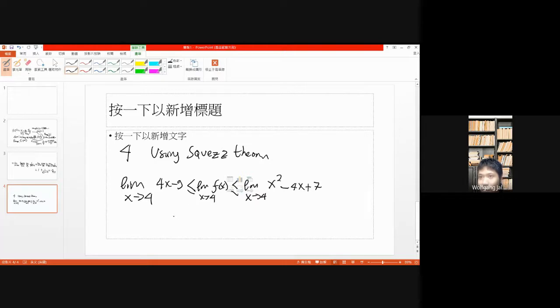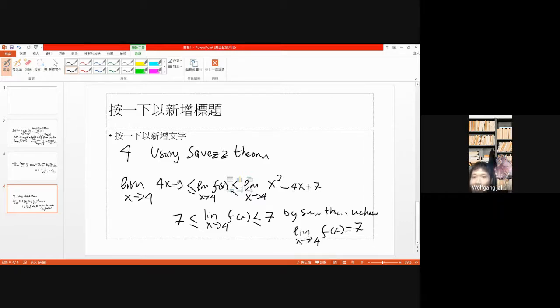So it becomes 7 smaller or equal than limit x approaching 4 of fx smaller or equal to 7. So by squeeze theorem, we have limit x approaching 4 of fx equals to 7. Okay, number 4.